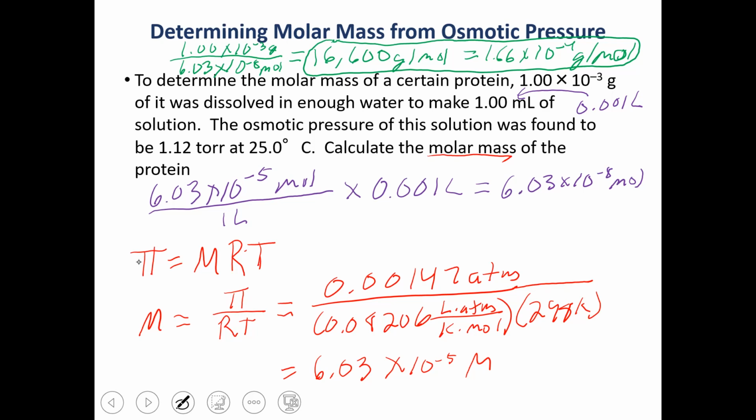So this is one way we can use osmotic pressure. By measuring the osmotic pressure of the solution, they know how much protein they dissolved in water. So then we can use the equation for osmotic pressure to calculate the molar mass of this protein.